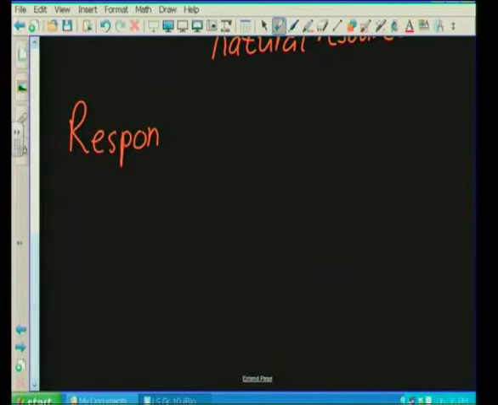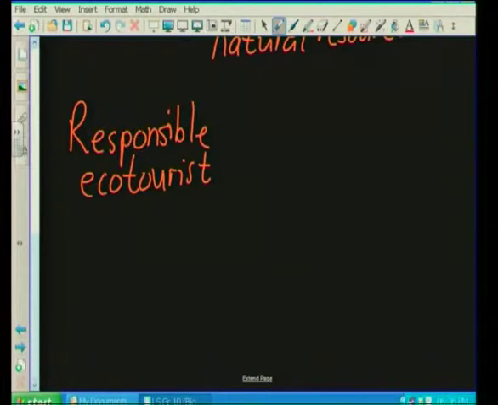Now, how can you and I be a good tourist? In other words, what are our responsibilities when we go and visit another country, or when other people come visit our country? We call them responsible eco-tourists. Also going to just mention a few things.